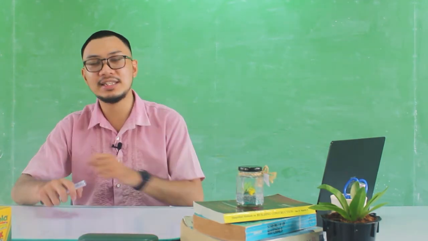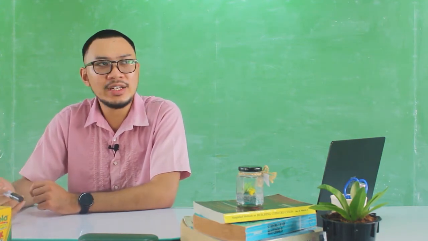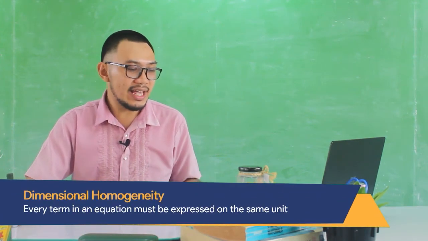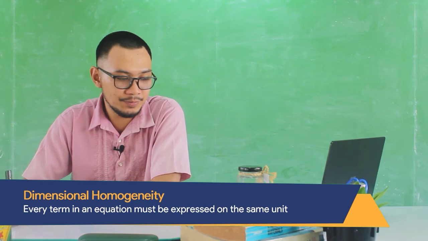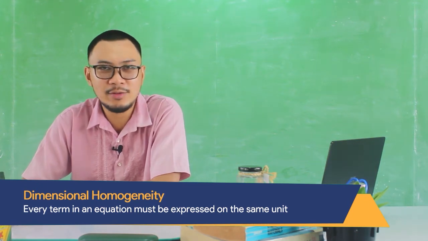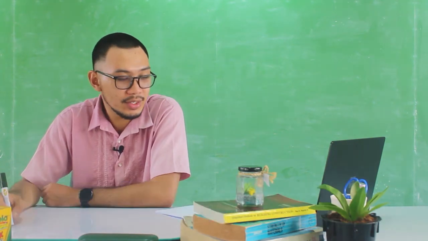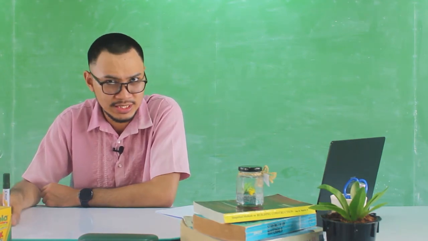You should be familiar of the word dimensional homogeneity. When you say dimensional homogeneity, it actually means that every term in an equation must be dimensionally homogeneous, or it should be expressed in the same units.